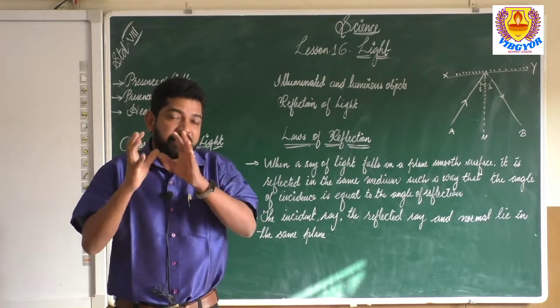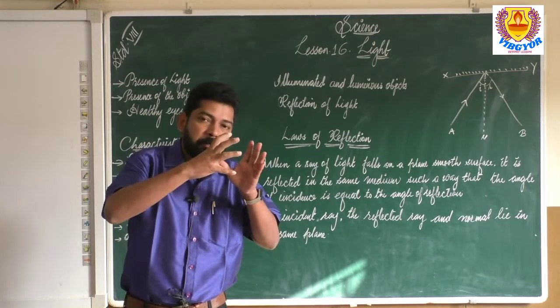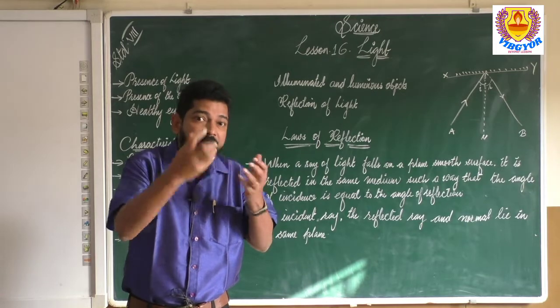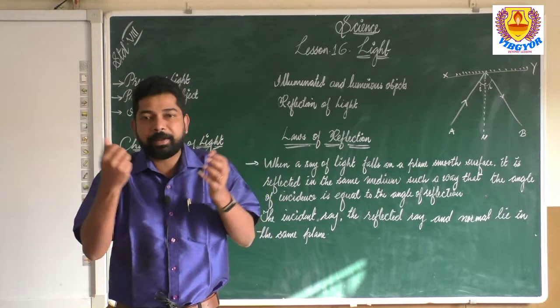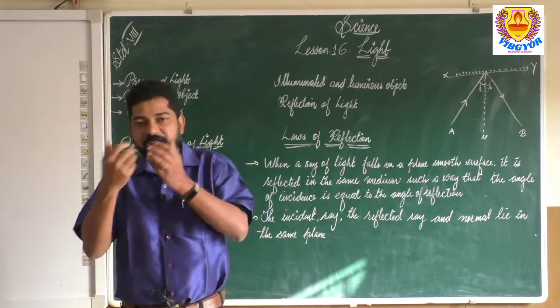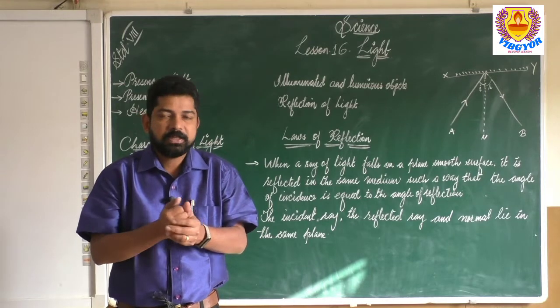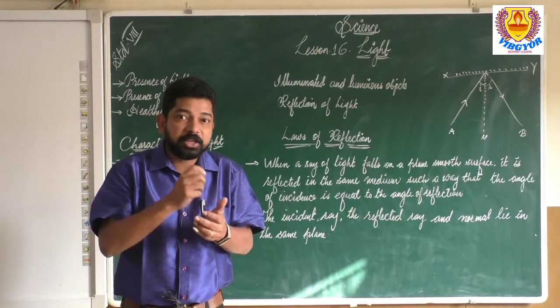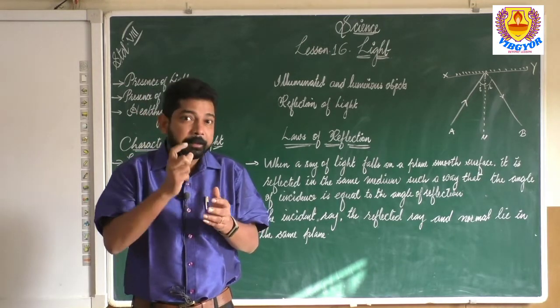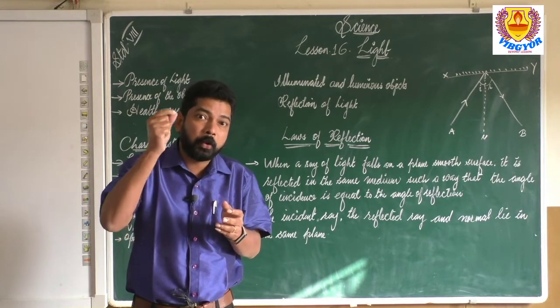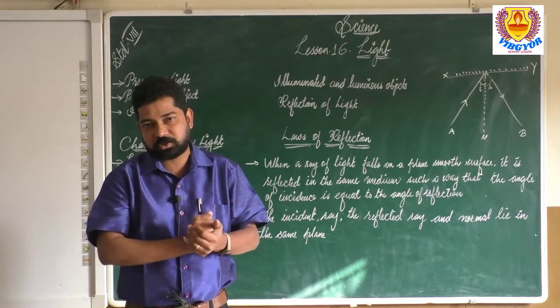That means when light falls on some object, at that time it will be shiny or it reflects the light. Those objects are known as illuminated objects. That means illuminated objects do not produce light themselves.